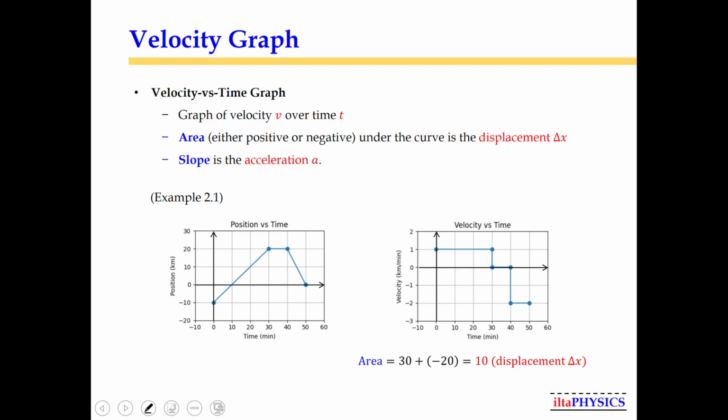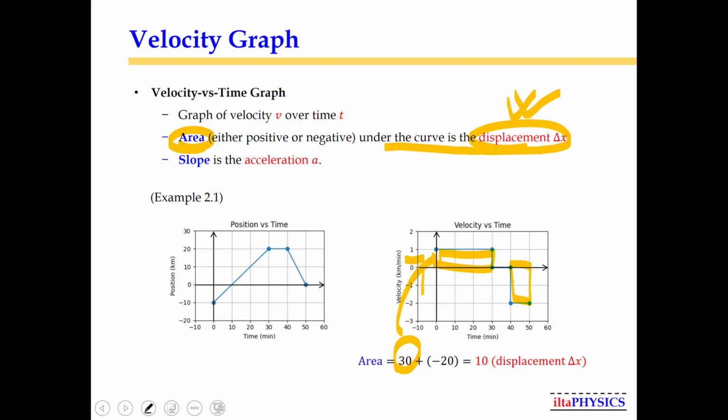Another feature of the velocity graph is that the area under the graph, with respect to the x-axis, represents displacement. Again, let's be careful. Displacement is also a vector, so it can be positive or negative. A negative displacement means the object moved to the left.